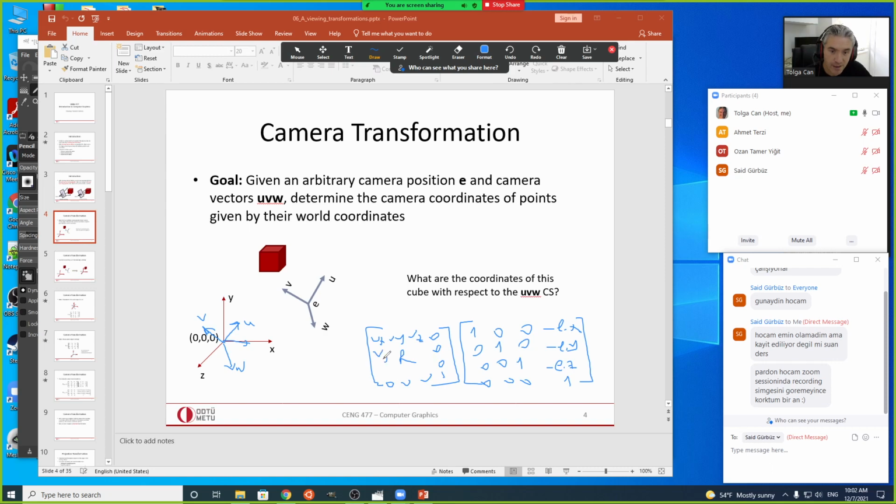So that's it. If you multiply these two things, you get the transformation matrix, which is going to change your world coordinates to camera coordinates. So the camera transformation is this simple.